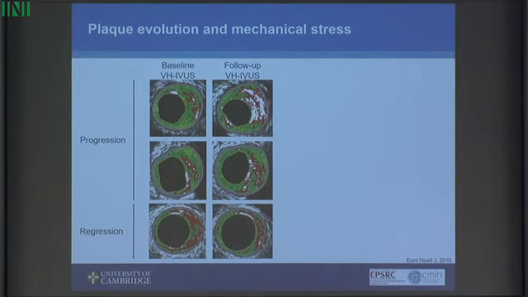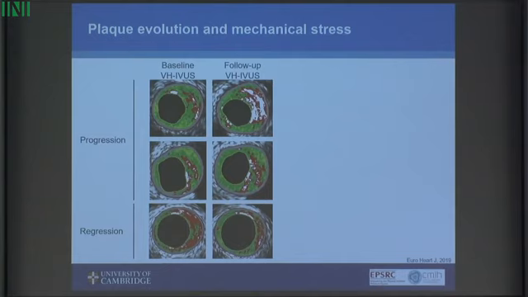The first one involves 40 patients recruited in the US, where patients underwent both baseline and follow-up imaging with an interval of 18 months. The imaging modality here is called virtual histology intravascular ultrasound, because it's really too long, so we typically call it VH-IVUS instead.